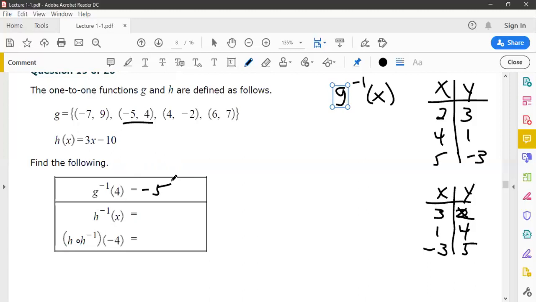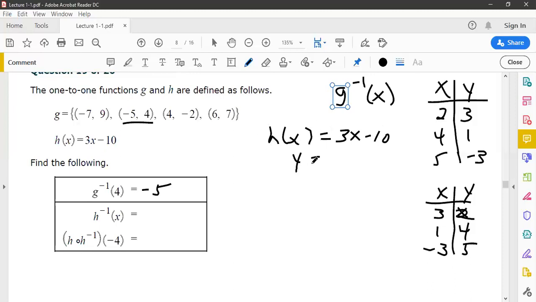Okay, so now when I'm asked to find the inverse of a function, the function's given as h of x equals 3x minus 10. Remember earlier we discussed the difference between function notation and writing it in the form of an equation. Instead of h of x or f of x or g of x, this took the place of the y.